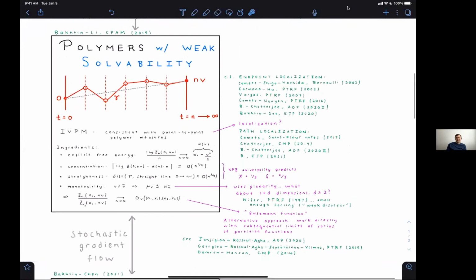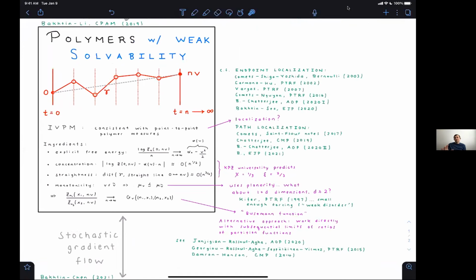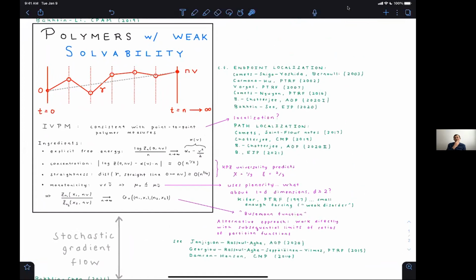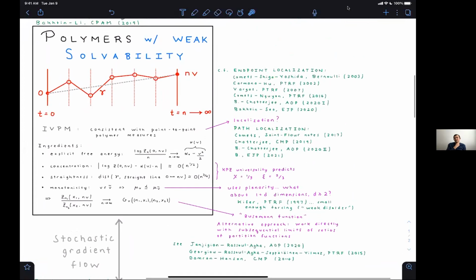Yes. I mean, maybe I'll just reiterate one thing, that not so much is known about these thermodynamic limits, because there are just a few groups that have been working on them, and most of these results are at the level of existence.